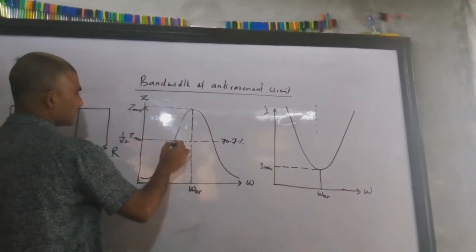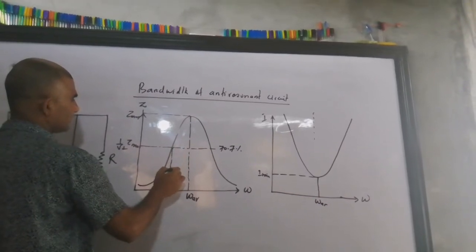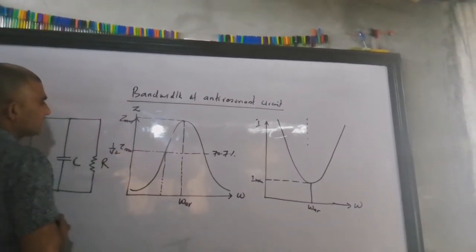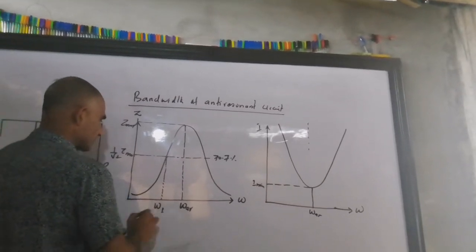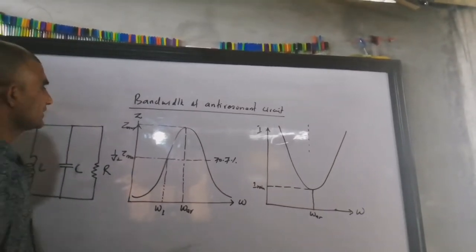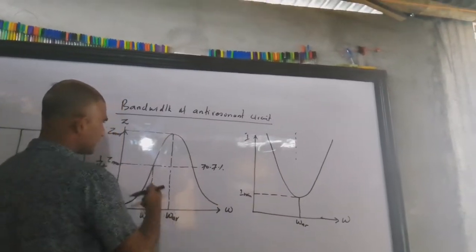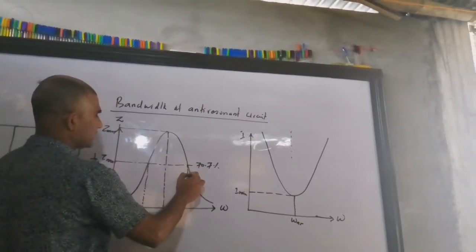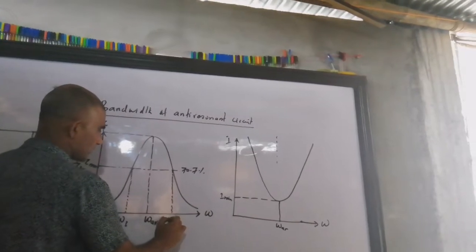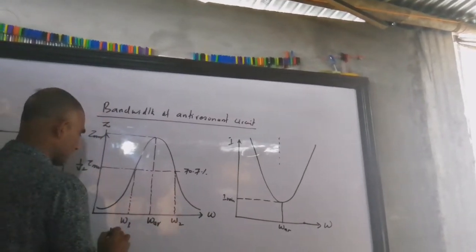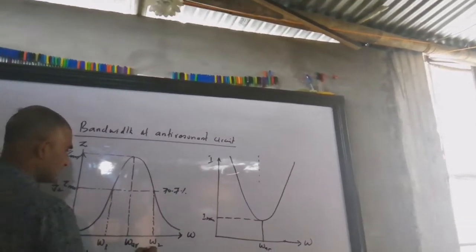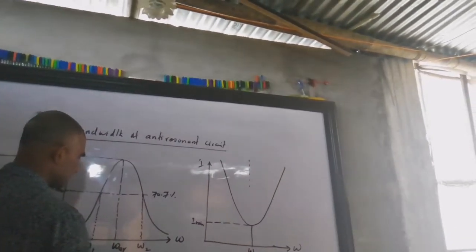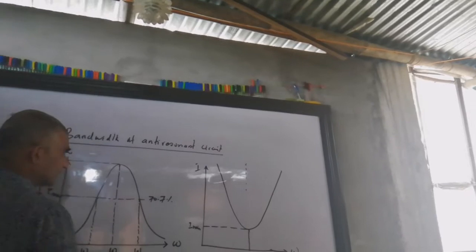The corresponding frequency at which impedance becomes 1 by root 2 times Z max, if it is less than the anti-resonant frequency, we call the lower cutoff. If that frequency is more than the anti-resonant frequency, it is called the upper cutoff frequency, omega 2. This is our lower cutoff and this is our upper cutoff frequency.